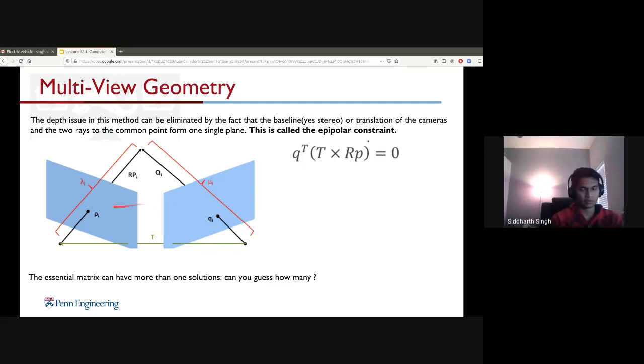Intuitively, if I'm looking at this X, only knowing the P and the Q, where all can this X lie? And how do I know that the R and T, which is actually what tells me where I am with respect to each other, will there be more than one solution, and how many, or what are they? Take a guess. It'll be nice.